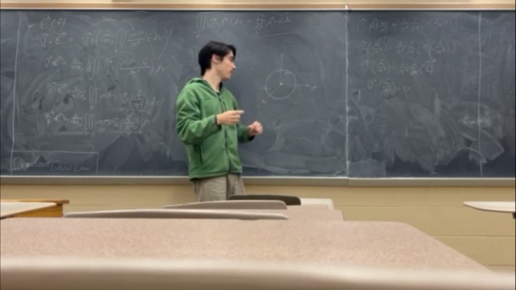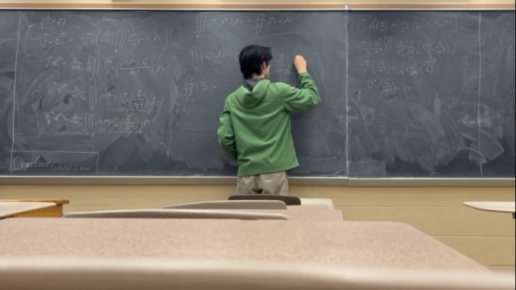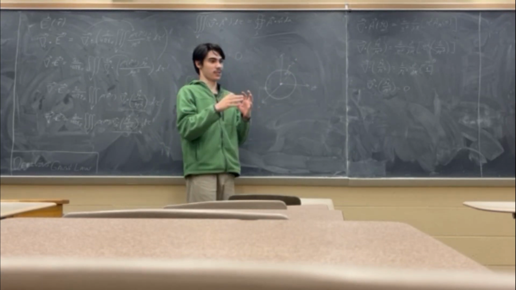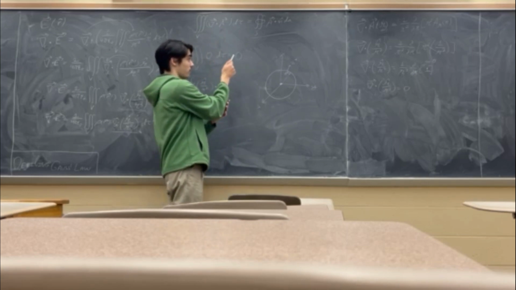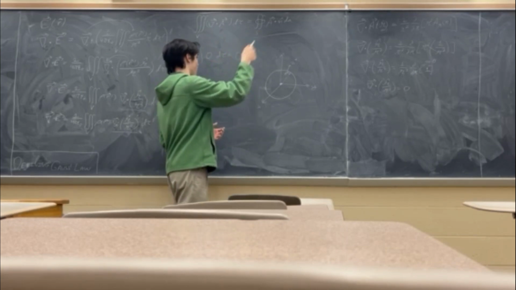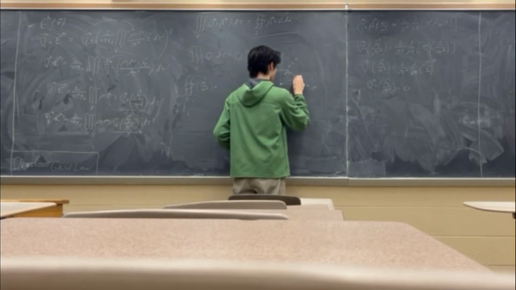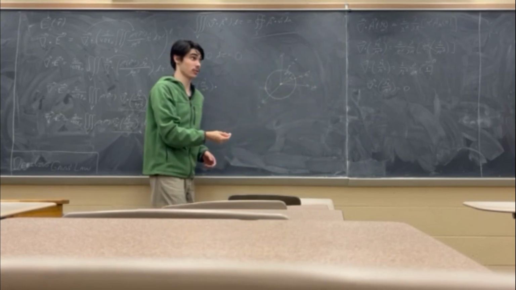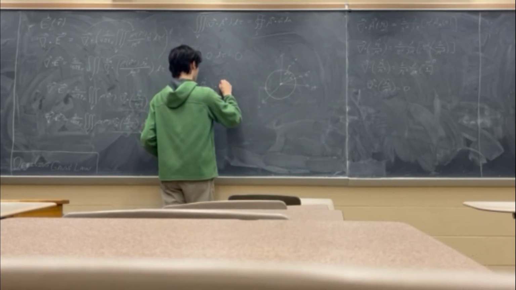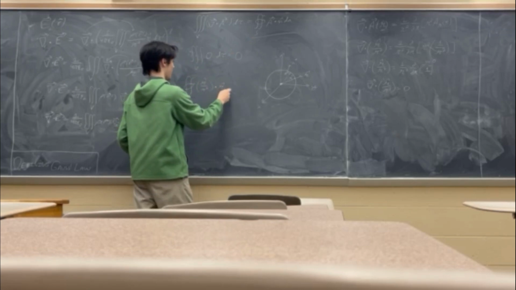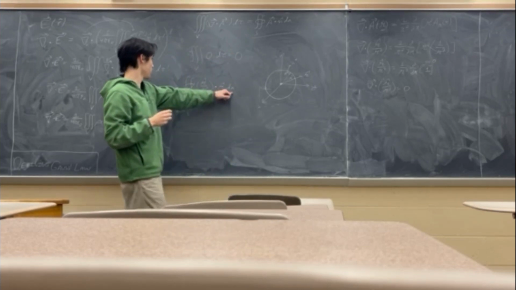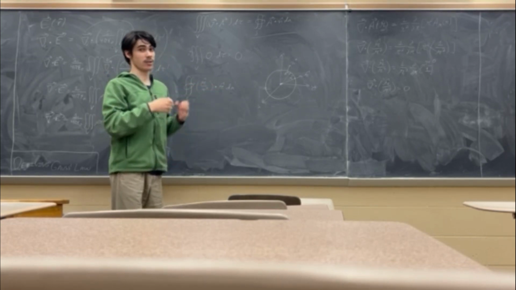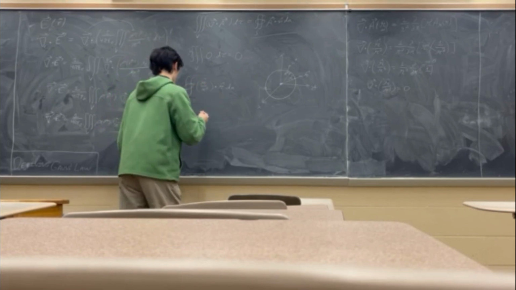N hat is the normal vector that points out from our surface. Since our surface is a sphere, the normal vector is going to be the vector that points radially away. So say this here is our r vector, the normal vector is going to be that r hat vector. So this dot product, here the n hat is really just r hat dA. So this is r hat dotted with r hat. The dot product of a unit vector with itself is just 1.